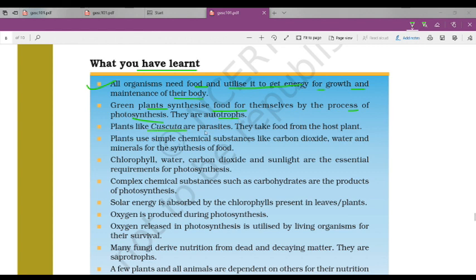Plants like Cuscuta are parasites, we know. They take food from the host plant. Plants use simple chemical substances like carbon dioxide, water, and minerals for synthesis of food. Next point, chlorophyll, water, carbon dioxide and sunlight are the essential requirements for photosynthesis.